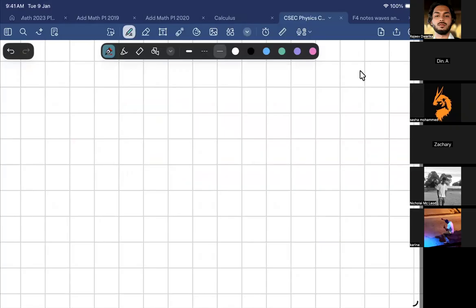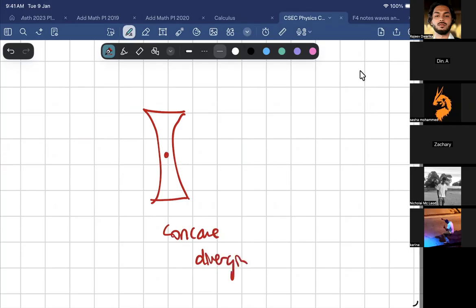Cool. Next one. What's the name of this lens? Diverging lens. Concave. Right? Concave or divergent. Now, guys, what's the name of this point here, in the middle of the lens? Optical center.